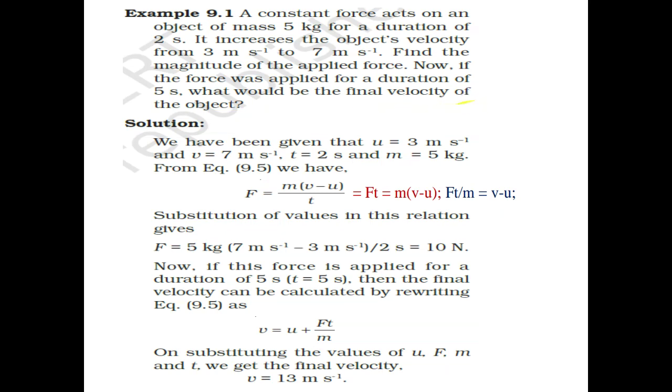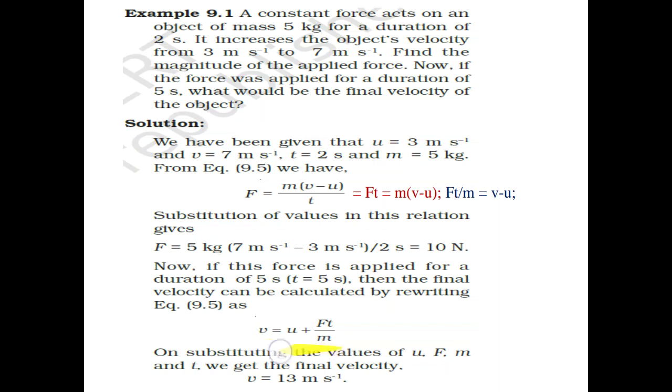What would be the final velocity of the object? It means we have to take initial velocity the same as in the first part. So now, if force is applied for a duration of 5 seconds, then the final velocity can be calculated by rewriting equation 9.5.